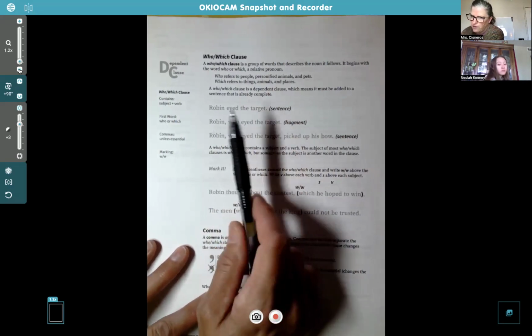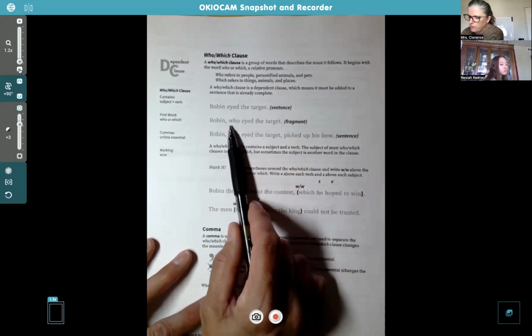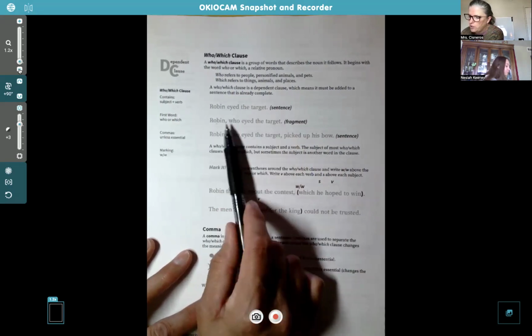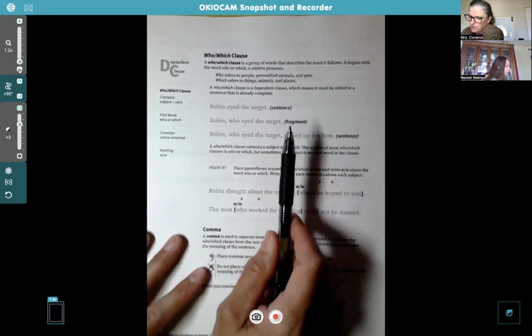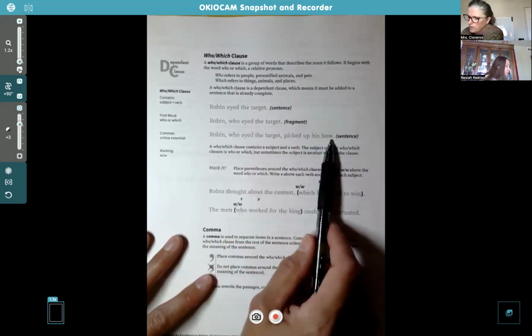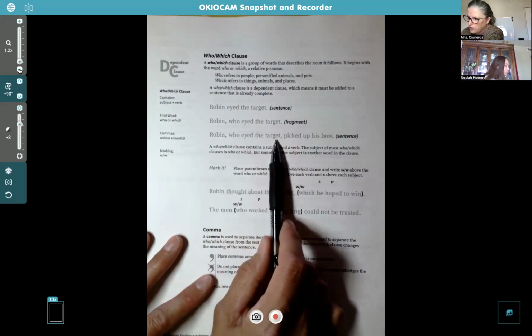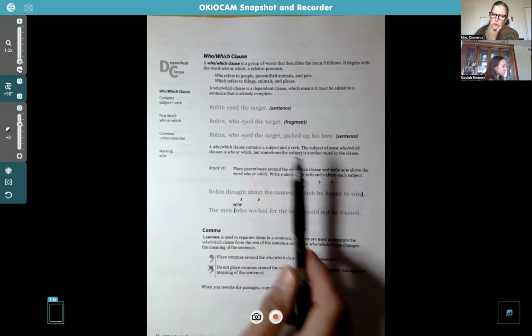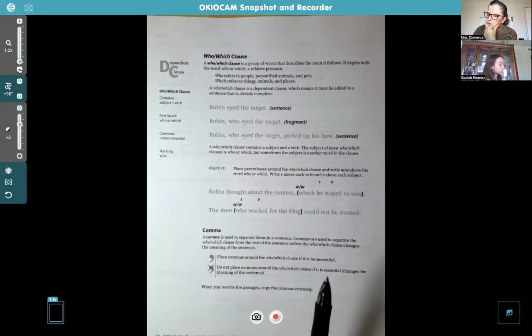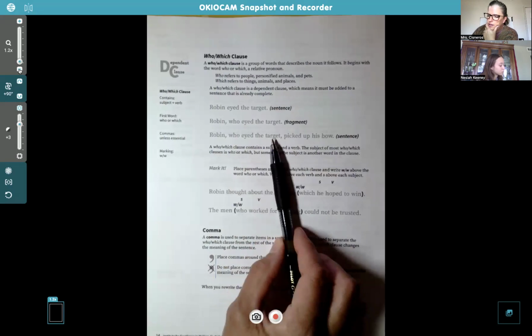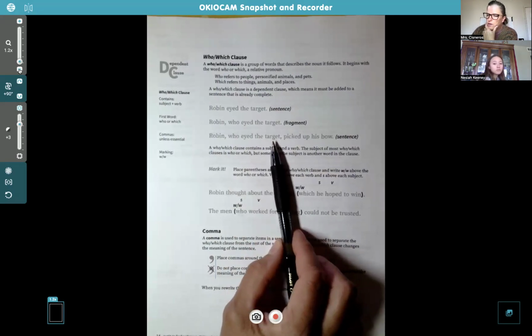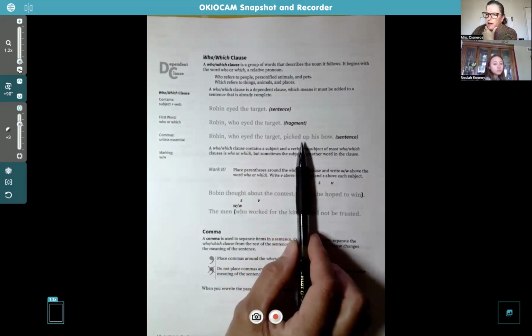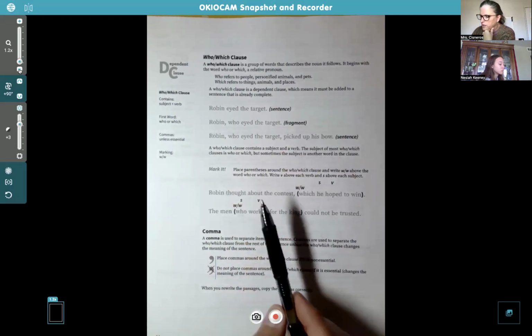Sometimes students do that. I don't think you do that, Nisai. I don't remember you ever doing that. Robin who eyed the target. That's not a complete sentence. So it needs more. Robin, who eyed the target, picked up his bow. Now that's a complete sentence and you have a who clause. So something to remember when you put a clause in a sentence like that, it does take away the verb. So it needs another verb after the who clause or the which clause, because then it'll be complete.